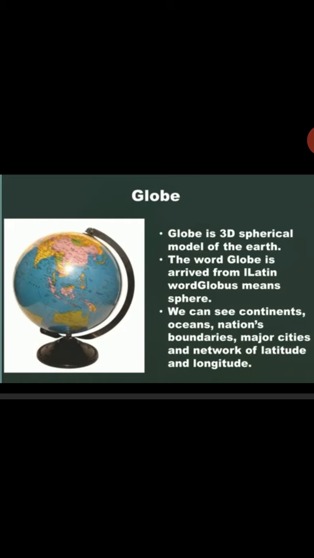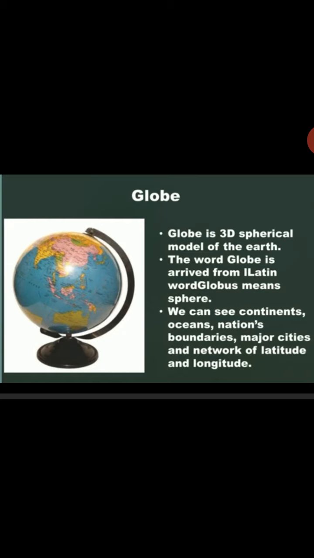But a map you can fold and keep in your pocket also, right? You can carry it anywhere. But a globe you can't hold for a long time, right? So a map is easy to carry, and a globe is difficult to carry.